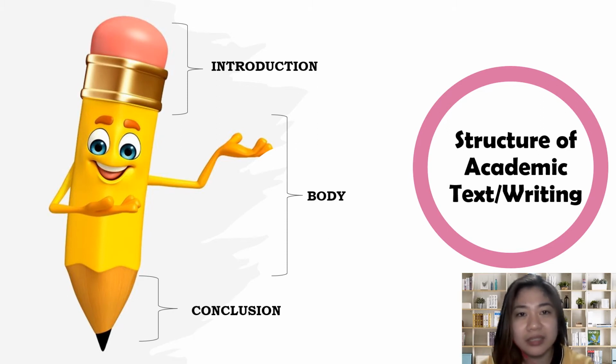And lastly, in the conclusion, you need to sum up the topic and your stand. And note, you need to close your text with a powerful ending. For example, you can cite a quotation or a powerful statement from someone you know, or a statement of yours that you think is powerful enough and can leave impact to your audience.